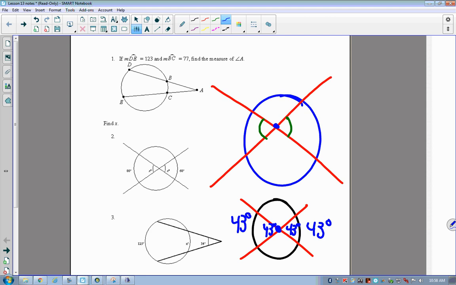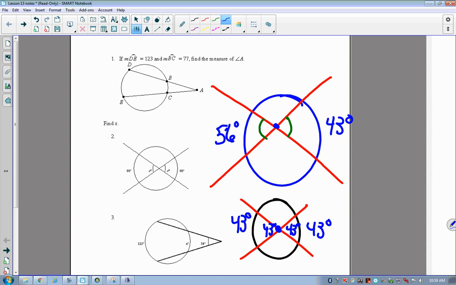The problem is that our example up here is not in the middle. If this is 43 degrees and this is not in the middle, then this isn't a central angle, and this isn't necessarily 43 degrees, and the one over here on my far left is not necessarily 43 degrees. This might be 56 degrees.